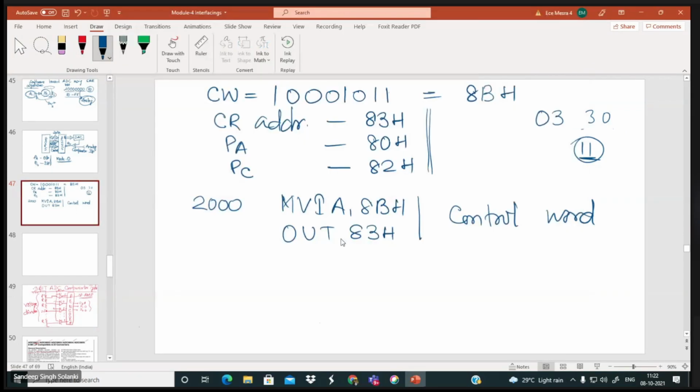Okay. So what I have written is that I have initialized my port with the control word. Now I will begin our conversion. So what is the beginning? The beginning is that you can start with a register where that needs to be approximated. Okay.